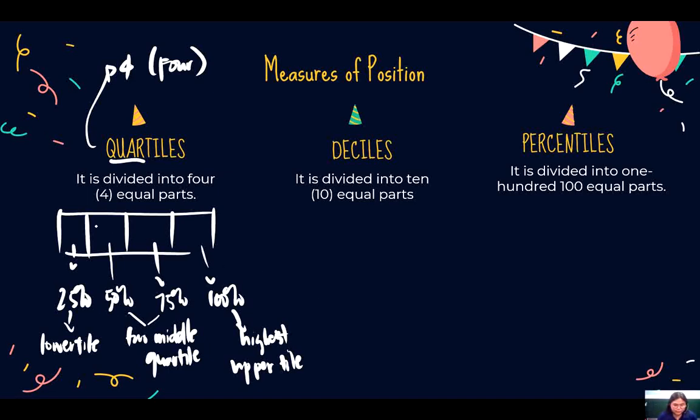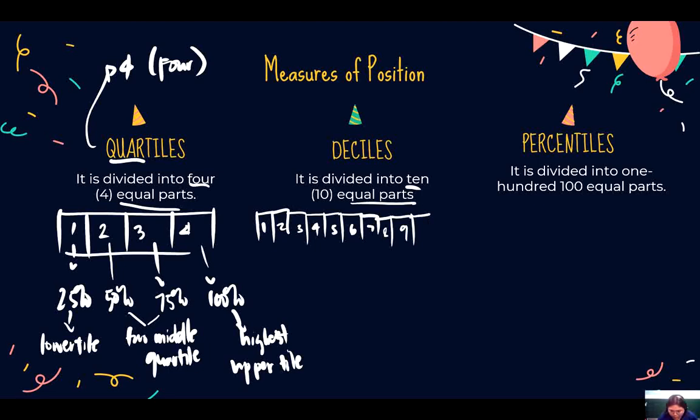Next. Let me write here. So 1, 2, 3, in terms of dividing into 4 equal parts. While the decile, you divide it into 10 equal parts. Quartile is 4. Let's assume that these are equal: 1, 2, 3, 4, 5, 6, 7, 8, 9, and 10.